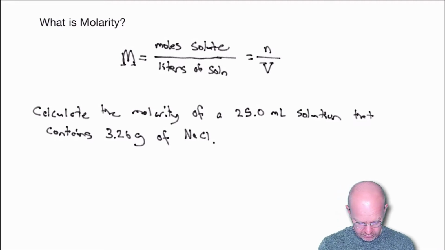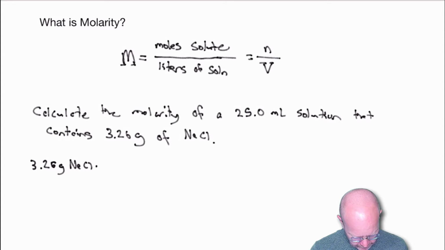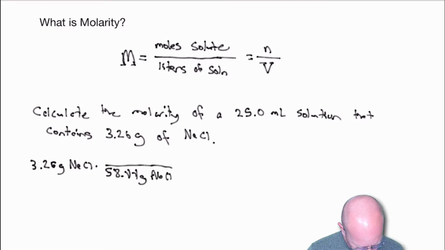In order to do this calculation, we need to know the moles of the solute, which is sodium chloride. For that, we know we need to use the molecular weight of sodium chloride. So let's go ahead and do this calculation. We have 3.26 grams of NaCl, and there are 58.44 grams of NaCl for 1 mole of NaCl.